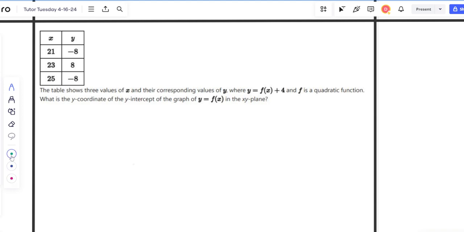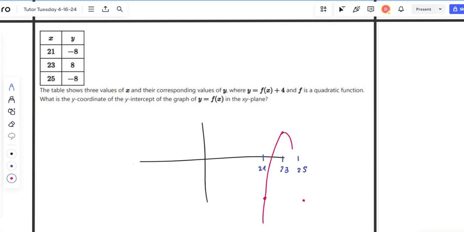If we just plot this out to get a clue of what's going on, we're way over here at 21, 23, and 25. At 23, it's a value of 8, at 21 it's a value of -8, 25 is a value of -8, so it looks kind of like this.